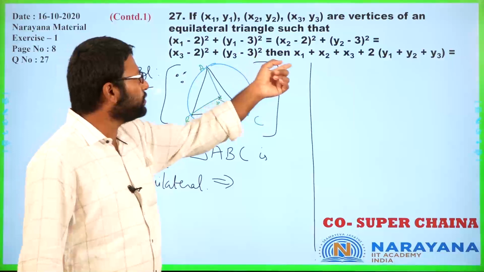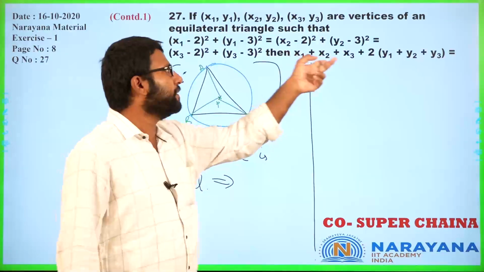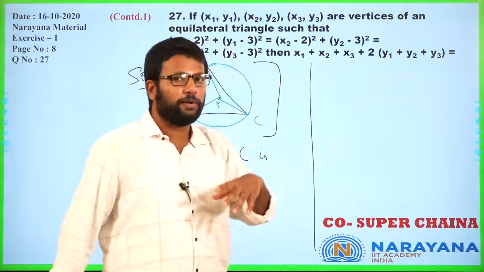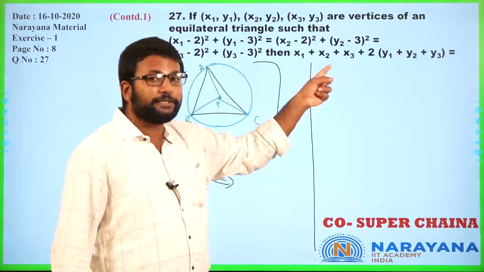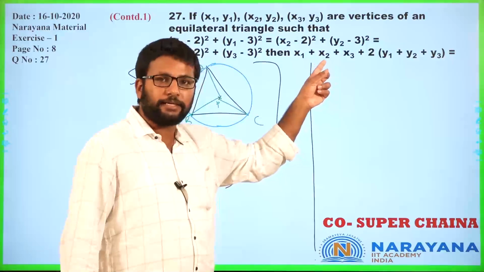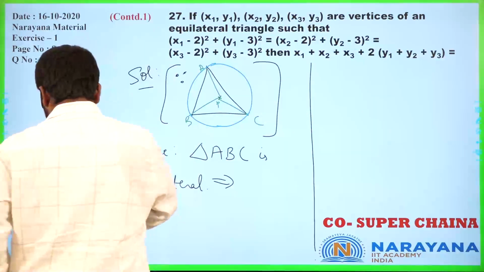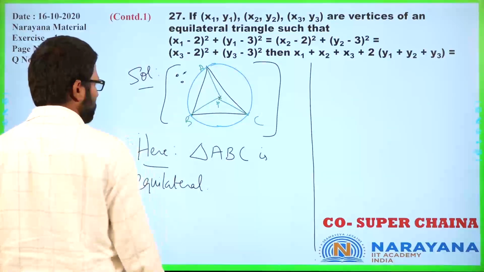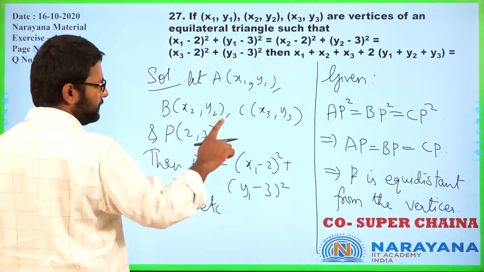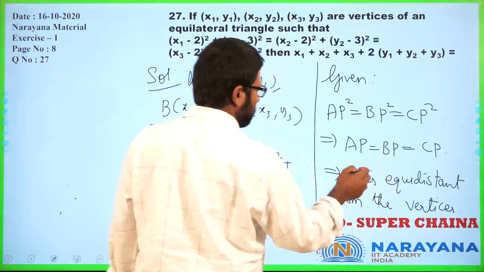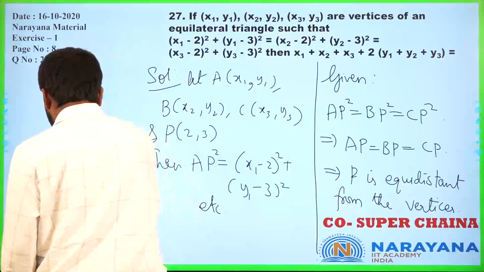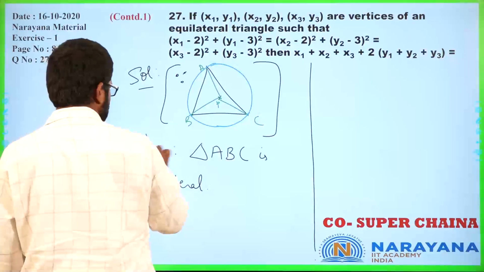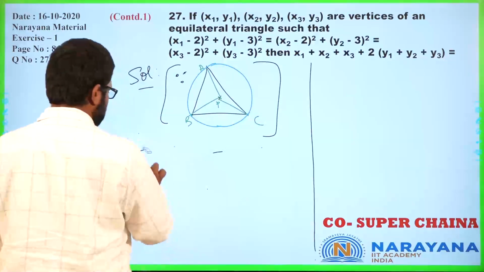How does it get us close to this expression? Is it in any way related to the circumcenter? No. But it is definitely related to the centroid. So keep this aside. We should have written that P is equidistant from the vertices, which means P is the circumcenter.